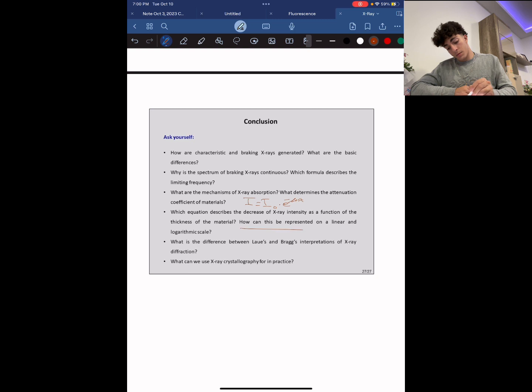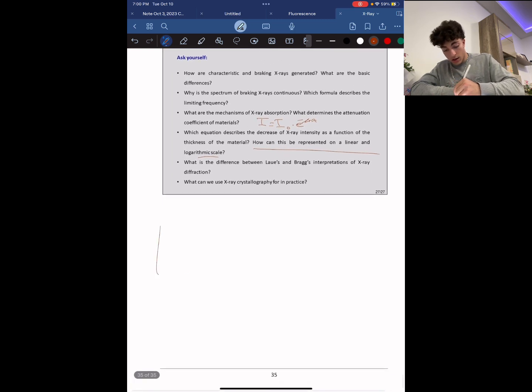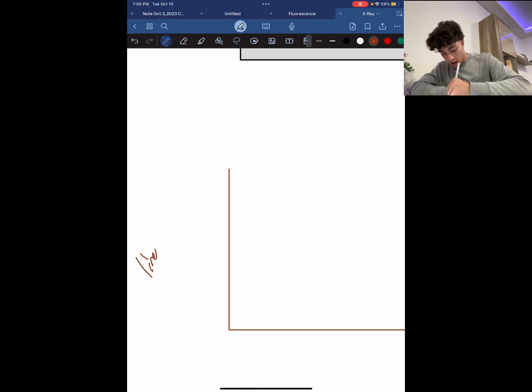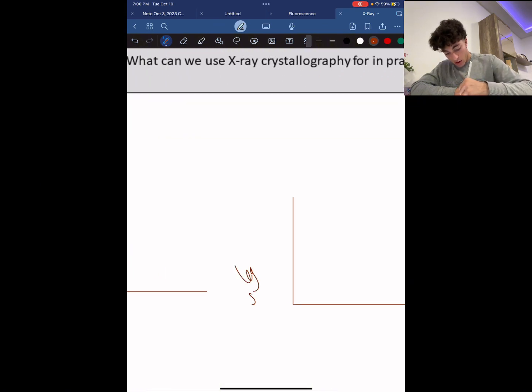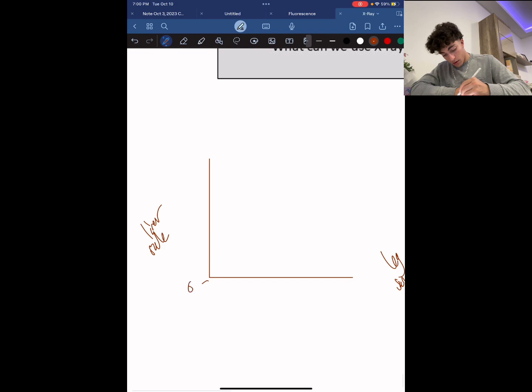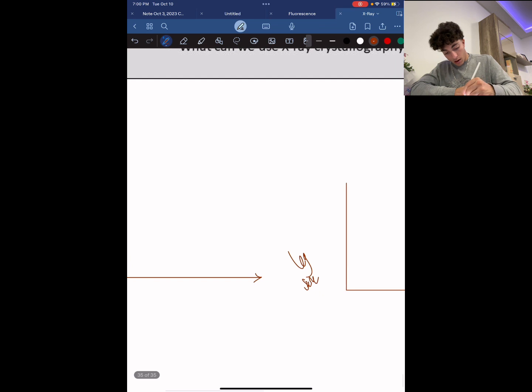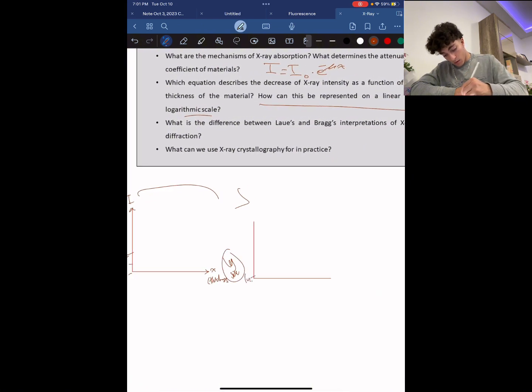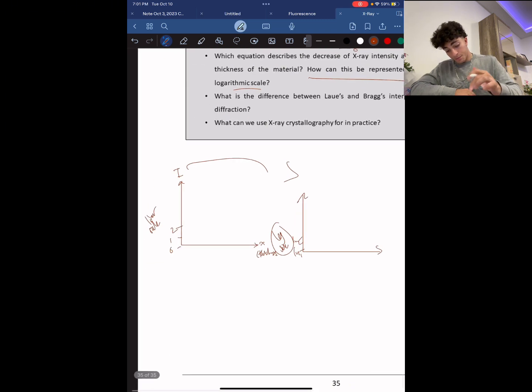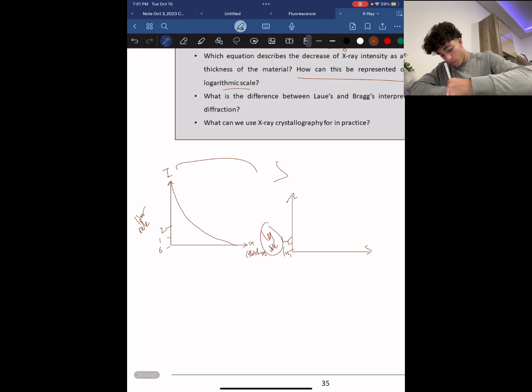Then it says, how can this be represented on a linear and logarithmic scale? This is how you draw it. Make sure you indicate linear scale and log scale. You have to go like 0, 1, 2, intensity, and x thickness. Let's say the same are written over here, but except it's log scale, so like log 1, log 2, etc. How does this look?